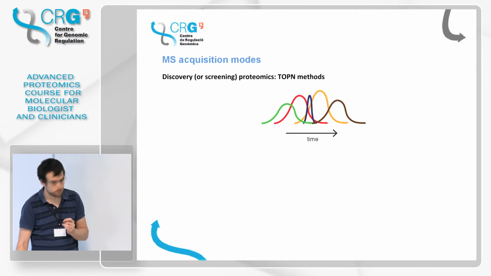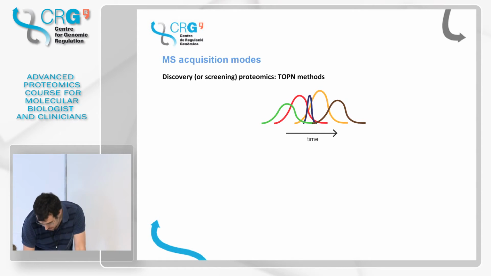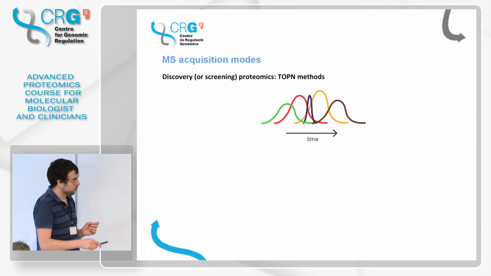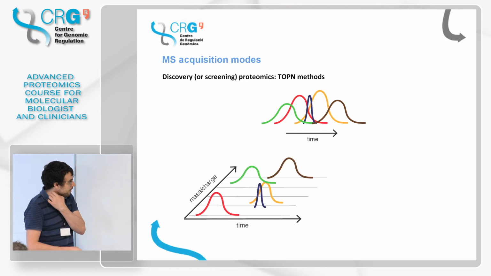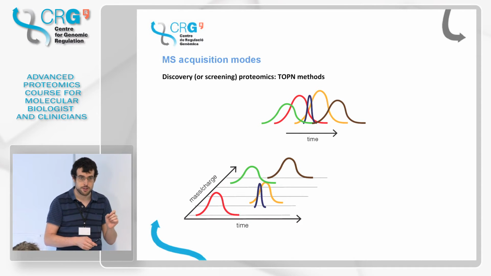Okay, good. So another thing that we normally do is we have these chromatograms, and then we can separate them in 2 dimensions. Here we have time, but actually we know that each of these corresponds to a different mass to charge ratio, right?